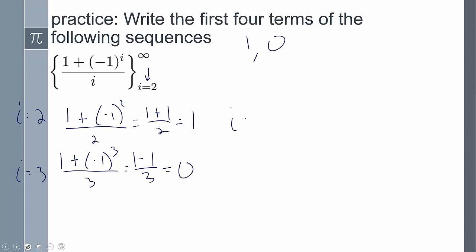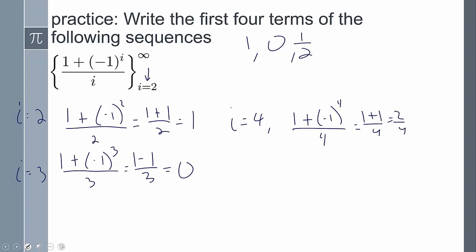So i equals 4. I get 1 plus negative 1 to the fourth over 4. Negative 1 to the fourth, 4 negatives, that's positive. So 1 plus 1 over 4, that's 2 over 4, which is 1/2.